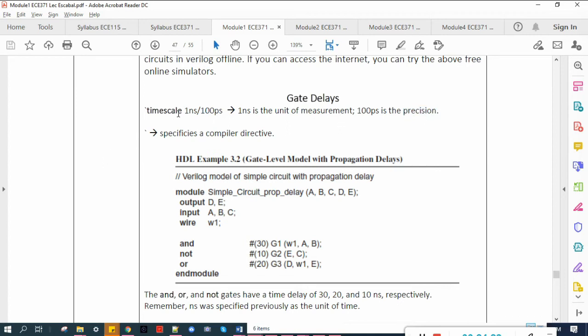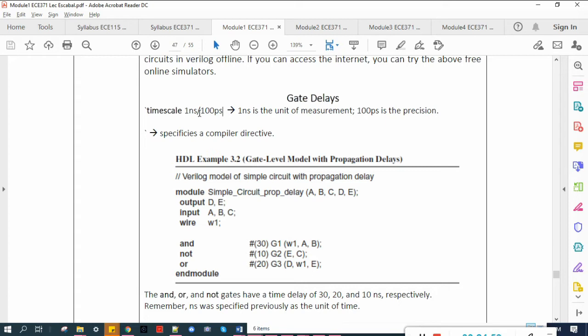So if we don't specify the time unit in our delays and we add this one, it means that the delay has a unit of 1 nanosecond. The 100 picosecond will be the increments in our simulation.